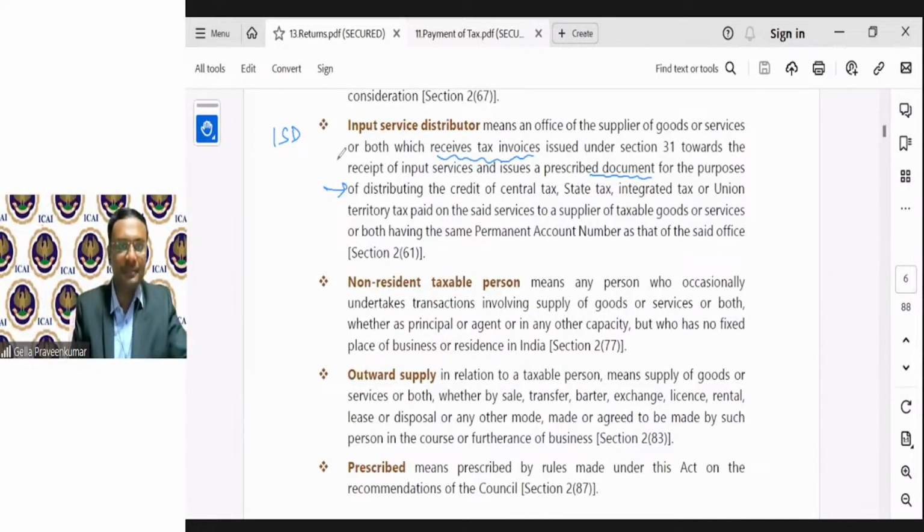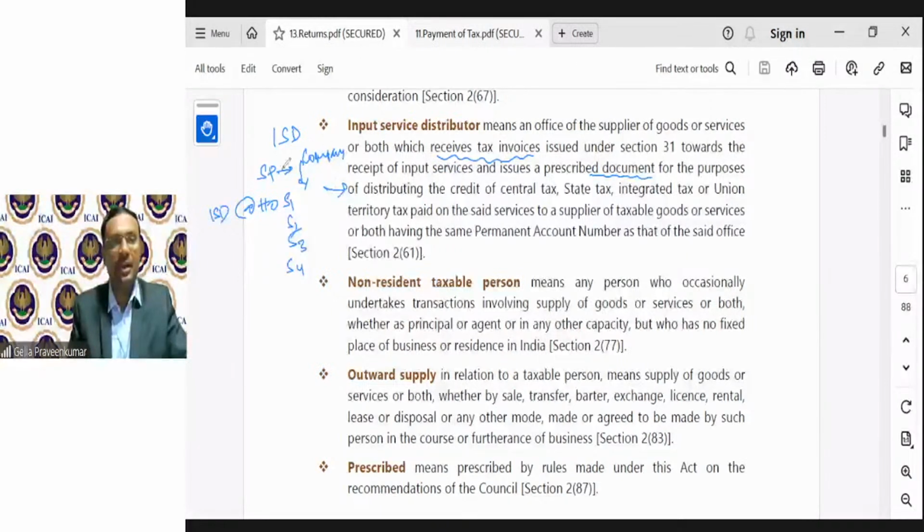So here, a service provider gives a service to a company. This company has presence in state 1, state 2, state 3, state 4. Assuming state 1 is my head office, at the head office I take a registration called ISD.